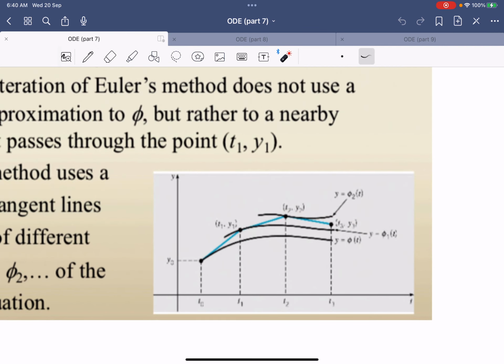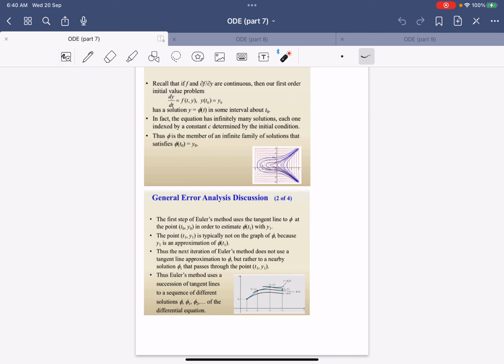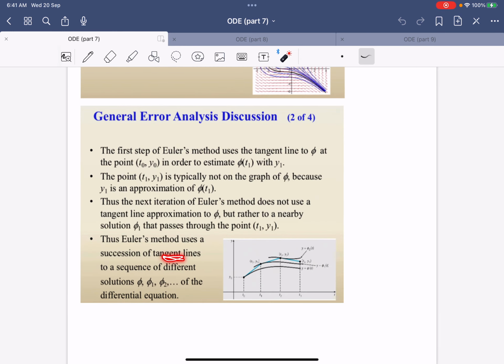Here the tangent goes up, but the solution is already downwards, so it goes down again. So the error here is larger than the error here. So not only are you using tangent lines, you're using tangent lines from different solutions.